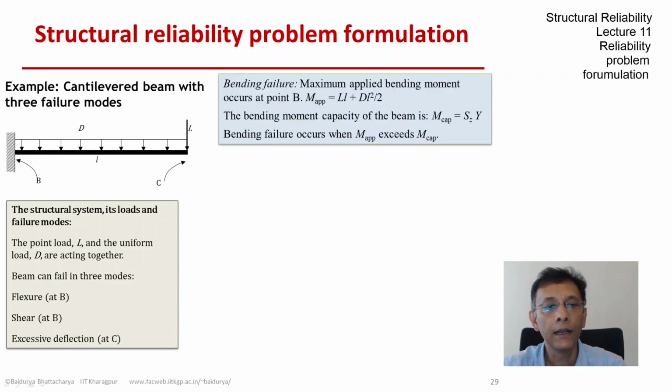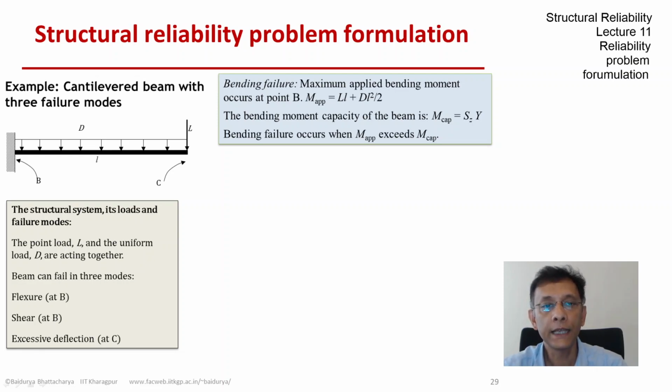For bending, the applied moment at B is L times the length plus the contribution of the dead load, d l squared by 2, and the bending moment capacity of the beam is its section modulus S sub z times the yield strength.